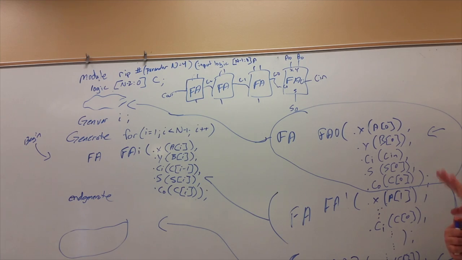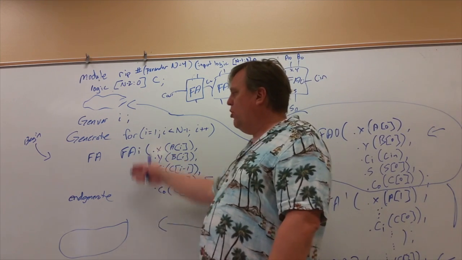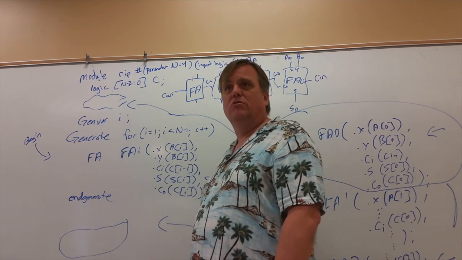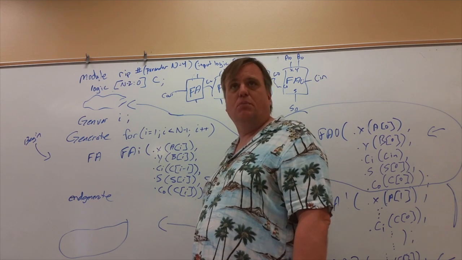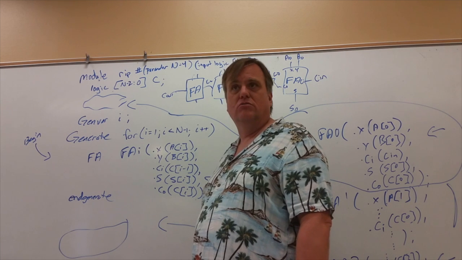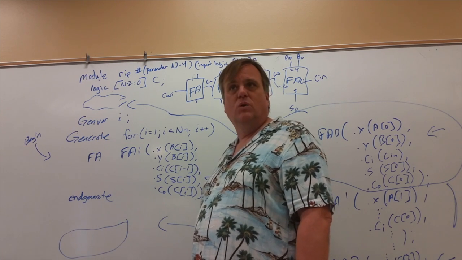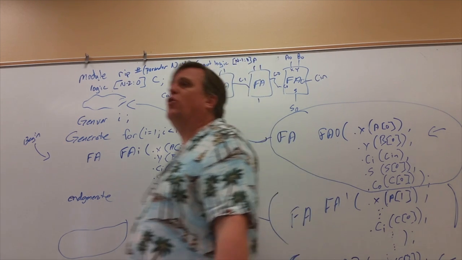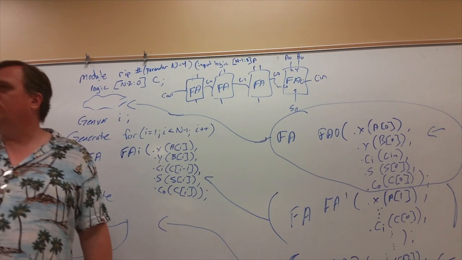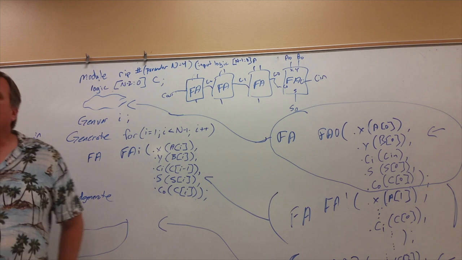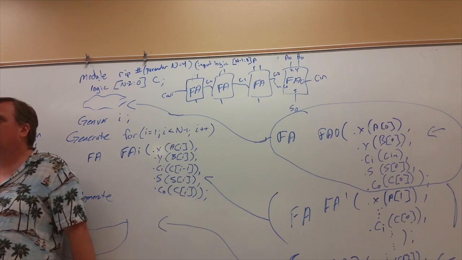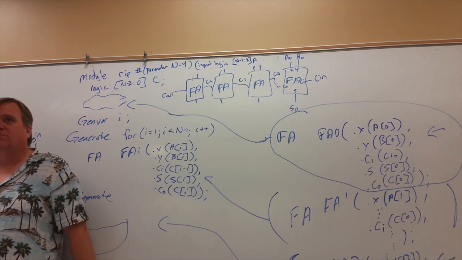All right, so if this sounds good, imagine that instead of writing a module for this, I could have written code that just explains what a full adder does. So I could make, for instance, an always block for these. Can I use generate to build an always block? Make multiple of them? Sure. Yeah, why not?